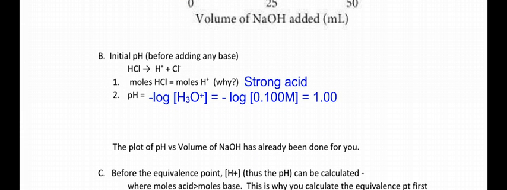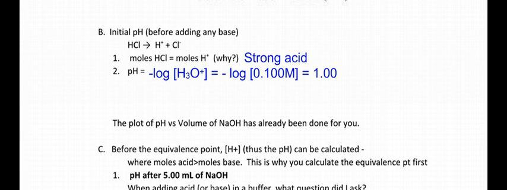It says, before the equivalence point, and that's why we had to find that volume, the hydronium ion concentration can be calculated in the way I'm going to show you. And if you know the concentration of the hydronium ion, you can find the pH value.